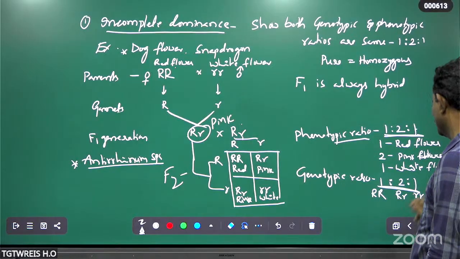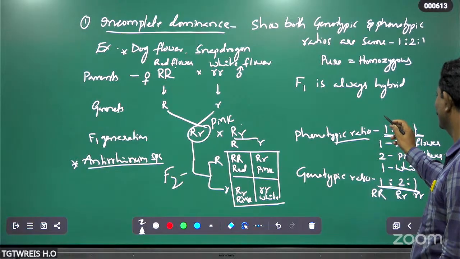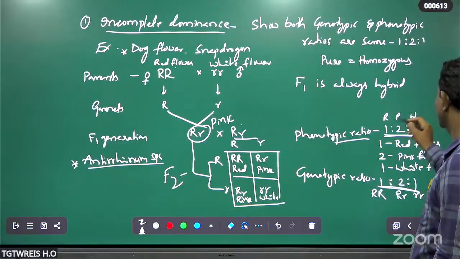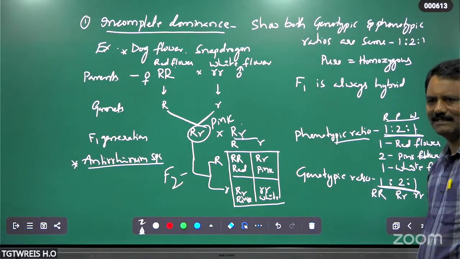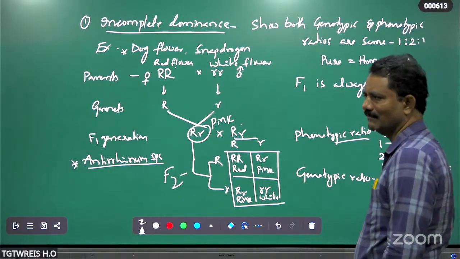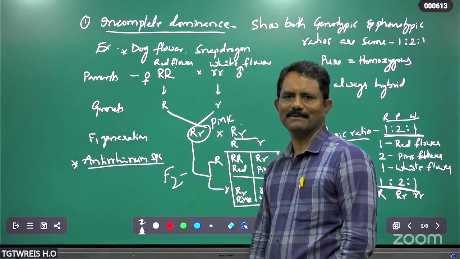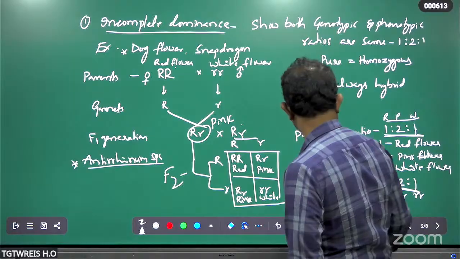The genotypic ratio is also 1:2:1. So one is a red color plant, 2 are pink color plants, 1 is a white colored plant. So here the hybrid condition deviates from the law of dominance. Hybrid conditions show neither of the parental characters, but something in between the two parents.